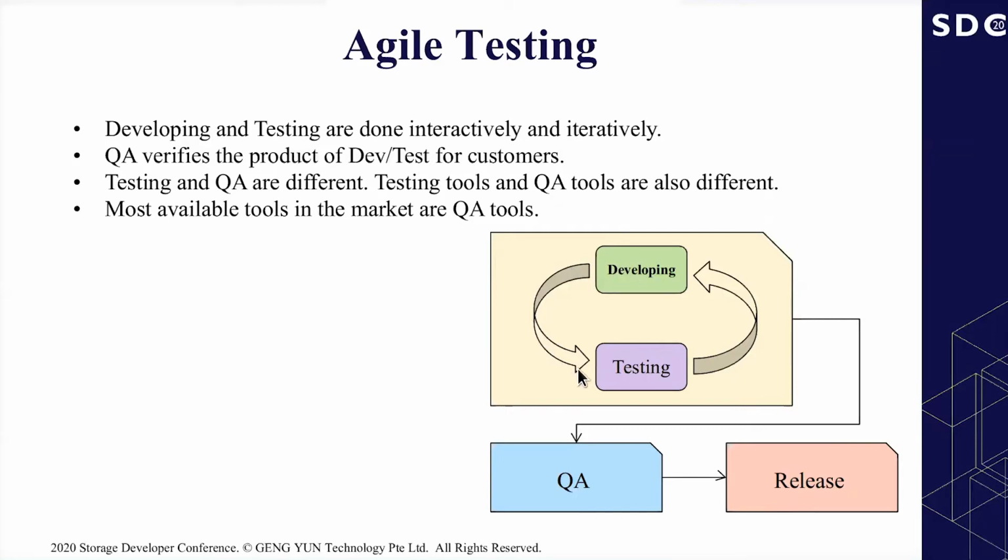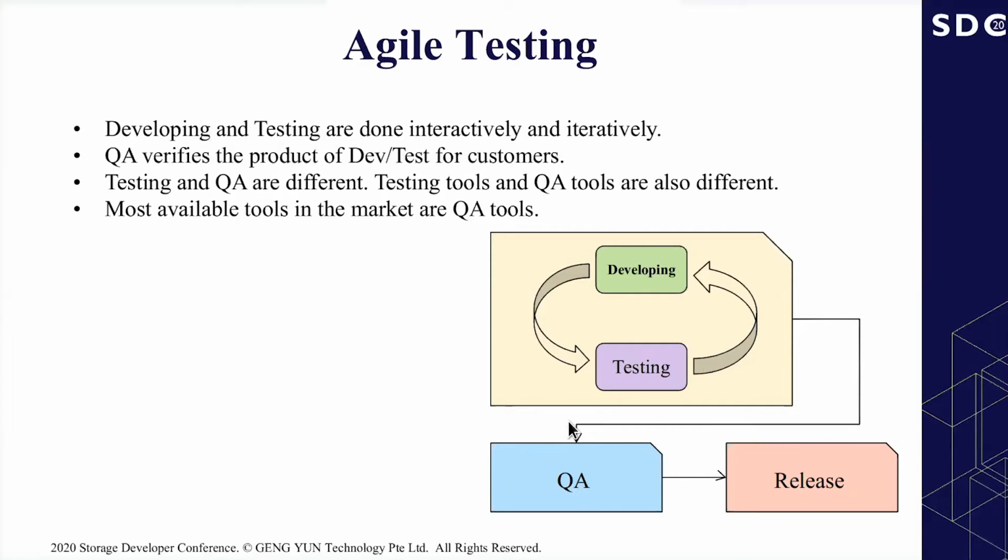Developing and testing are done incrementally and interactively. We develop feature A, test it, and then develop feature B and test it, and then feature C, and so on and so forth. One day, when we provide enough features and solve enough issues, we can make a release.